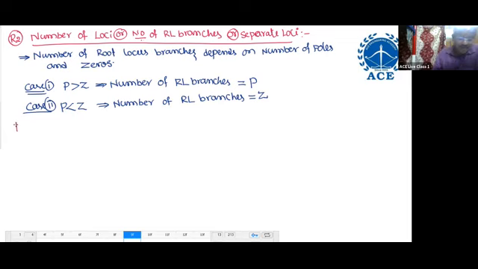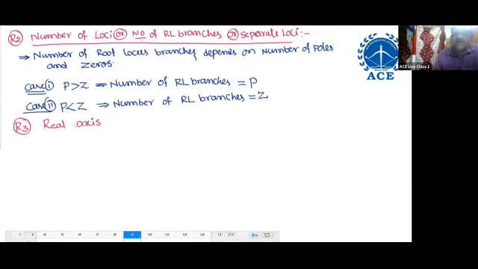Next, the third rule. The third rule is very, very important. Third, fourth, fifth, sixth are very, very important. The third rule is real axis root locus branches.